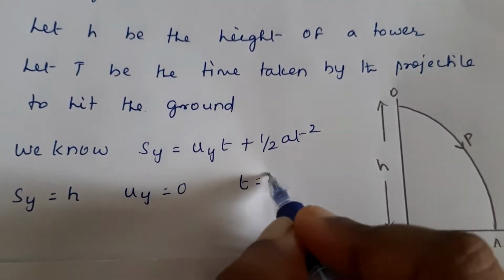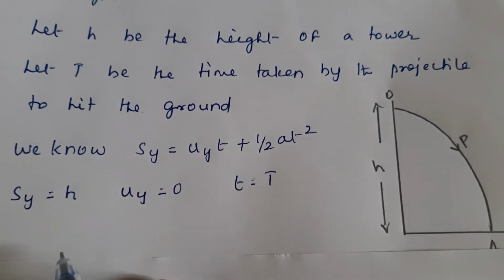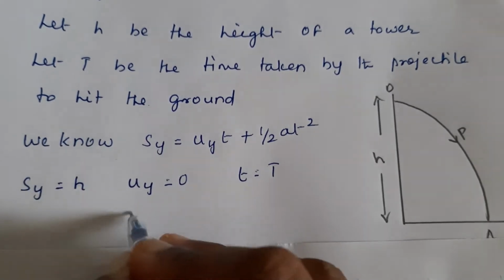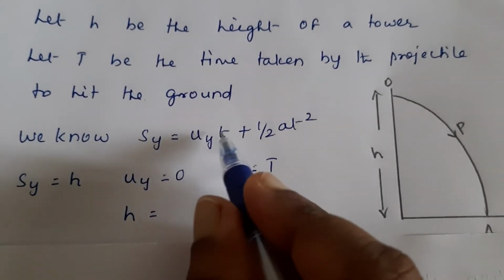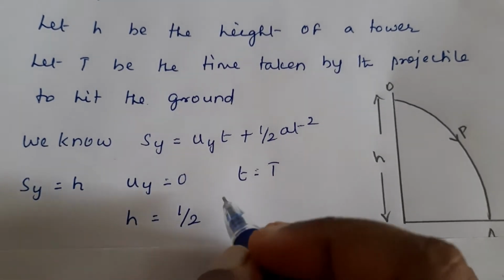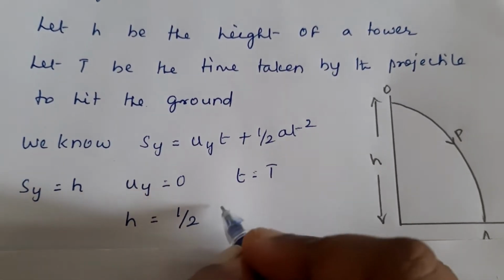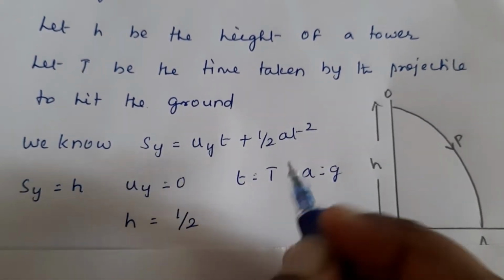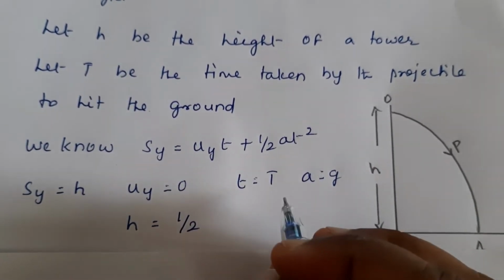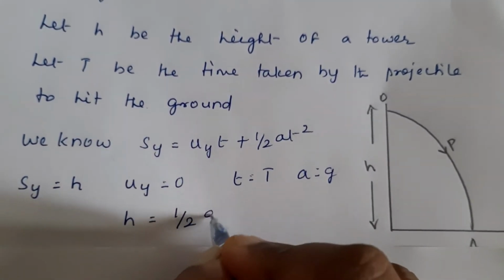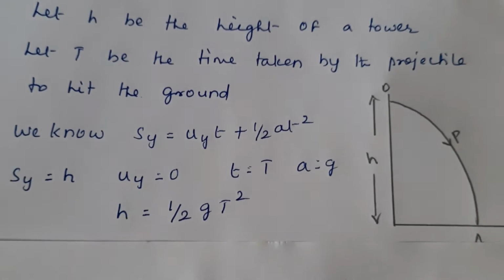And the time I am going to take as capital T. Now substituting in this equation, Sy as h is equal to uy is 0, so this term will become 0, is equal to half. Instead of a I am going to put G, because it is a downward acceleration, so it is acceleration due to gravity. So it is half g t square.